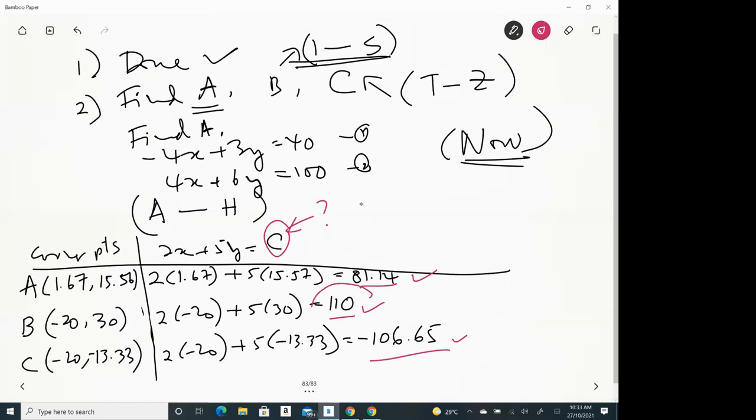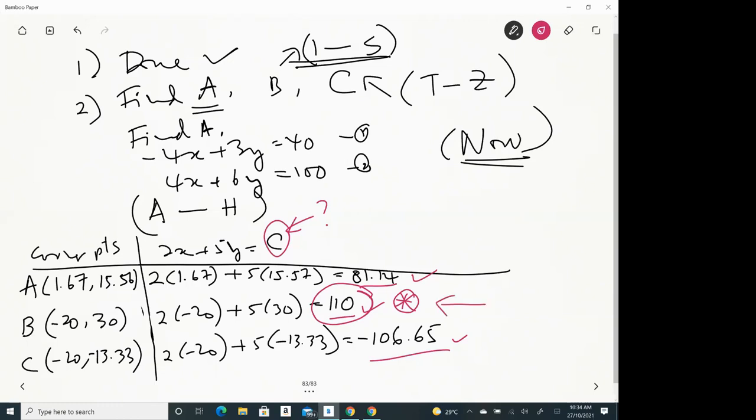So we can see that the maximum value of the objective is 110. And what point gives you 110? Negative 20, 30, which is point B. So that is our answer.